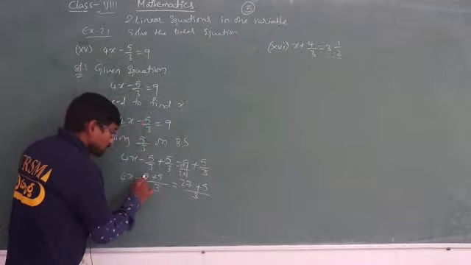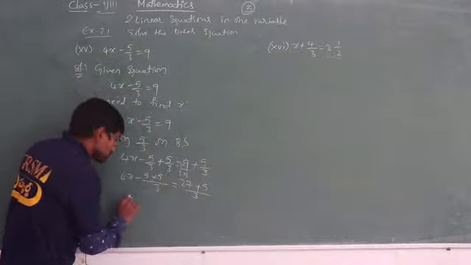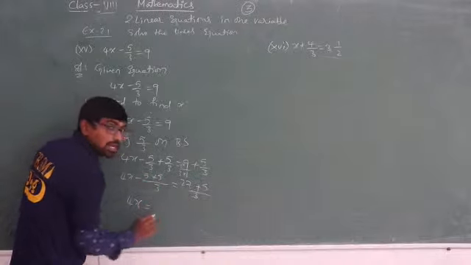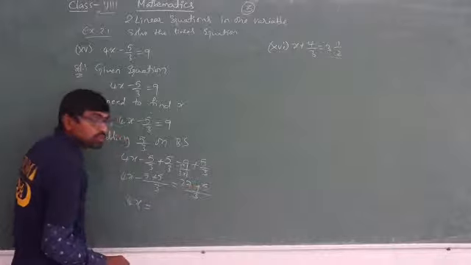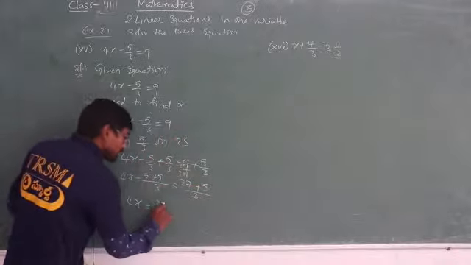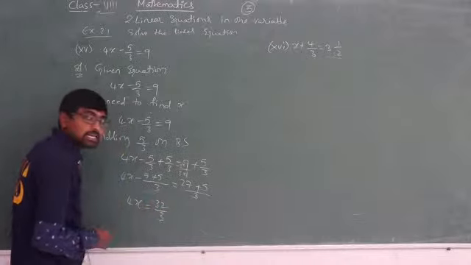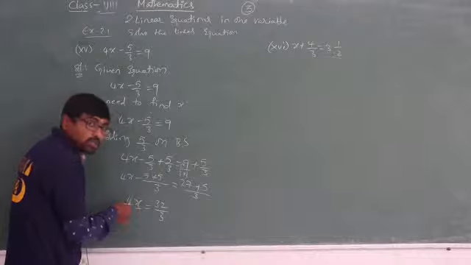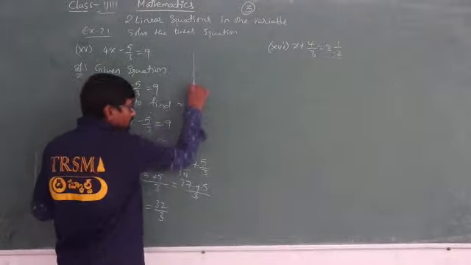So now plus 5 minus 5 will become 0. Here directly I will add 27 plus 5: 27, 28, 29, 30, 31, 32. So here I will be getting 32 divided by 3, isn't it? Now we have to check the variable. Before the variable, 4 is multiplying the variable, isn't it?